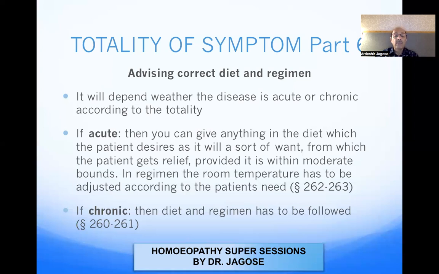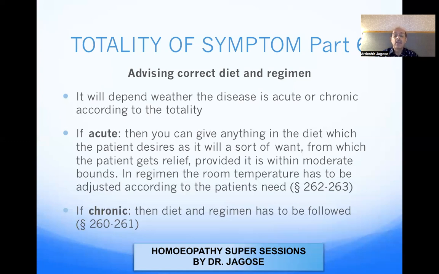So in aphorism number 261 with the footnote, a long footnote is there in which dietary restrictions are given, like Chinese soup, herbal tea, or herbal soups, spices, condiments, all that are to be avoided.